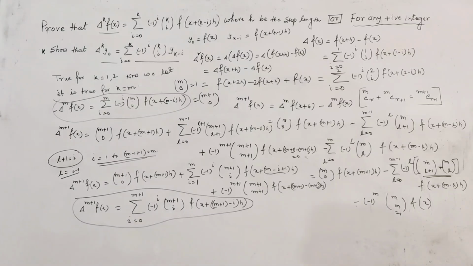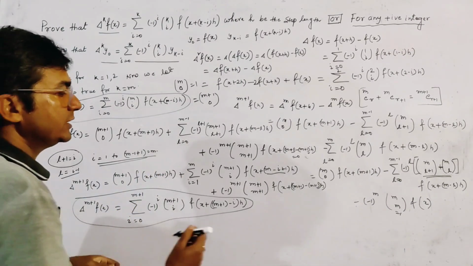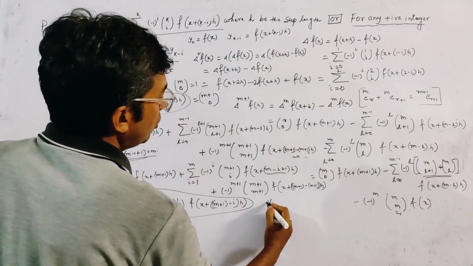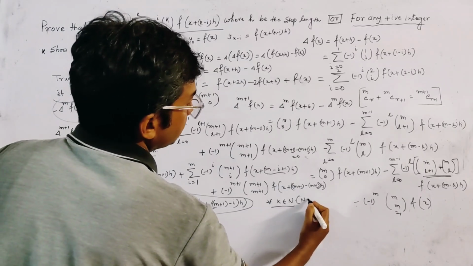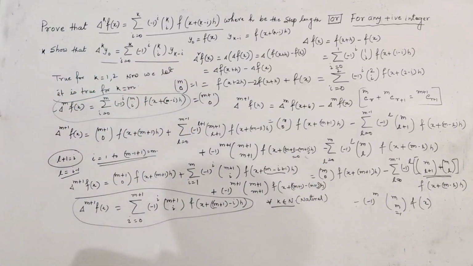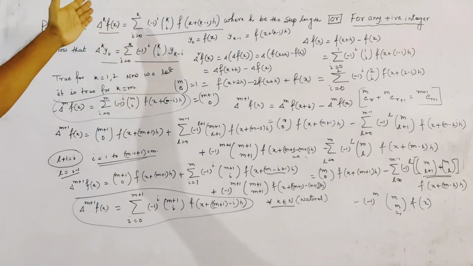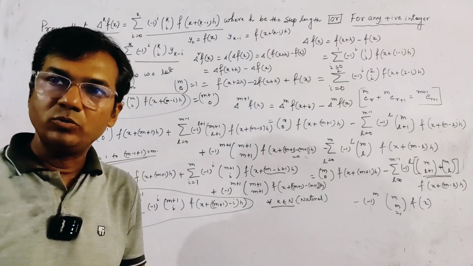Okay, so by the principle of mathematical induction, we say that the given relation holds for all k belonging to capital N, that is natural numbers. Okay, and so we prove the important result, delta to the power k into f of x is equal to this term. Thank you for watching.